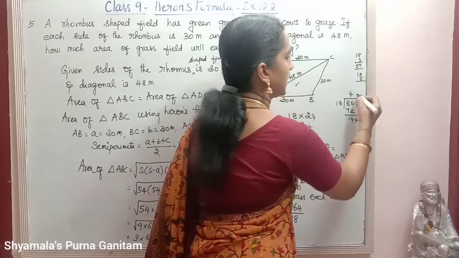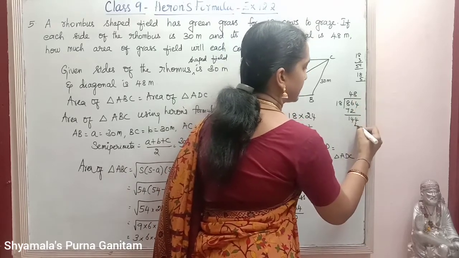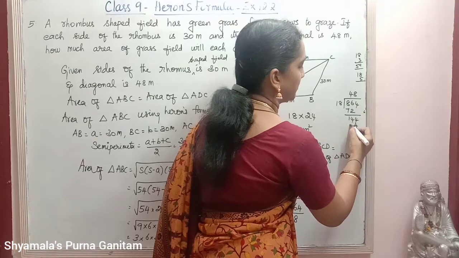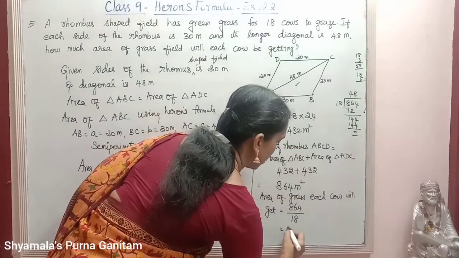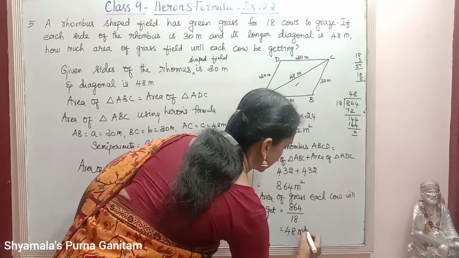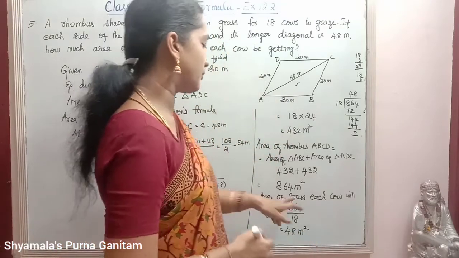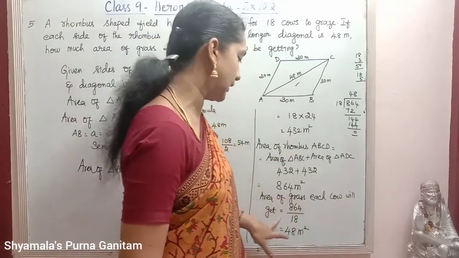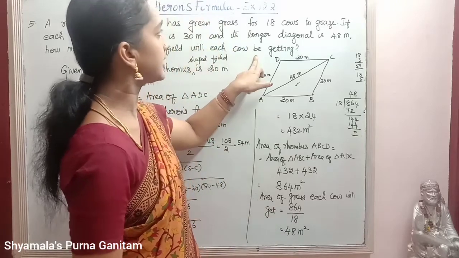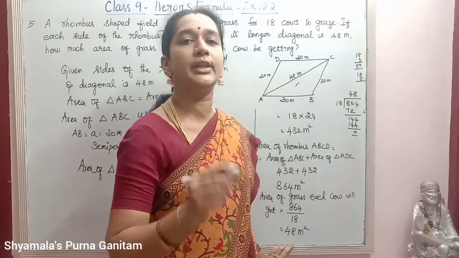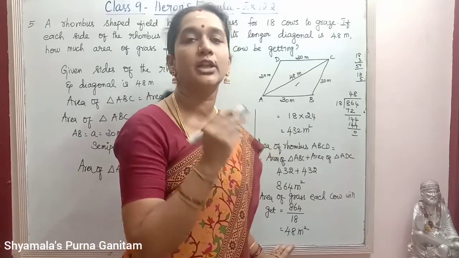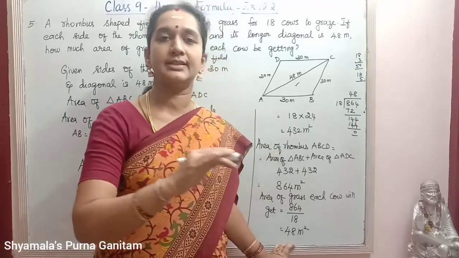We bring down the 4, 8 times. 8 eights are 64, 8 ones are 8 plus 6 is 14. So each cow gets 48 meters square. So the area of grass each cow will get to graze is 48 meters square.